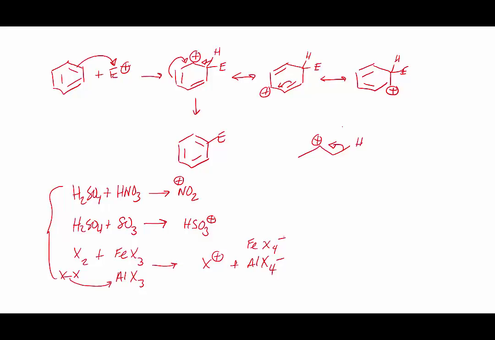And in this case, it's going to have to occur to reform the aromatic ring. So there were a couple more in here. Any way I can generate a carbocation, that carbocation is going to react with the benzene ring.